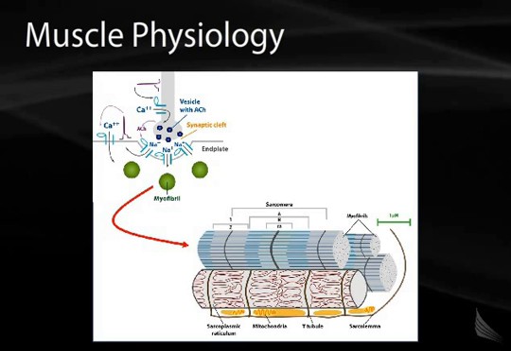And the T-tubule has an interesting role. Because these muscle cells are so enormous, it is difficult to get the signal that occurs on the surface of the muscle cell down to the portions of the contractile apparatus that require the signal for contraction to occur.